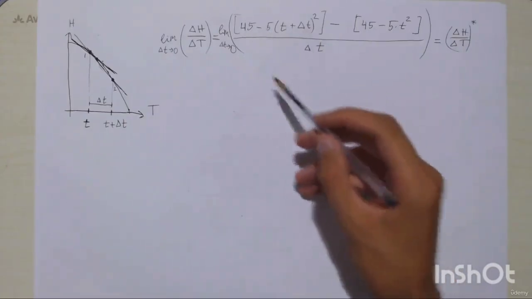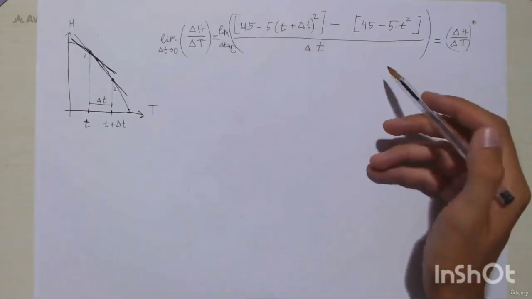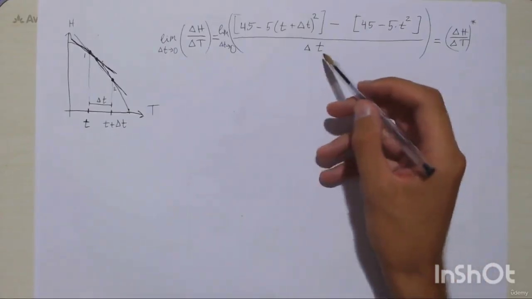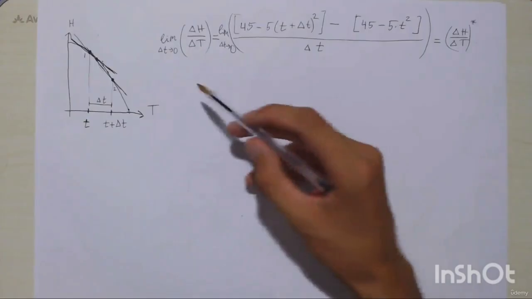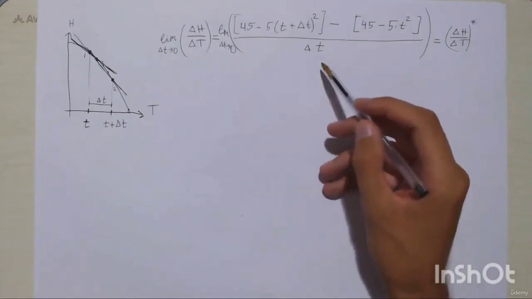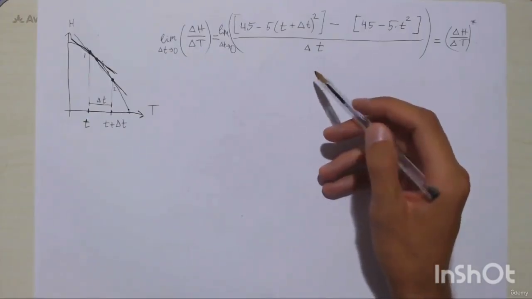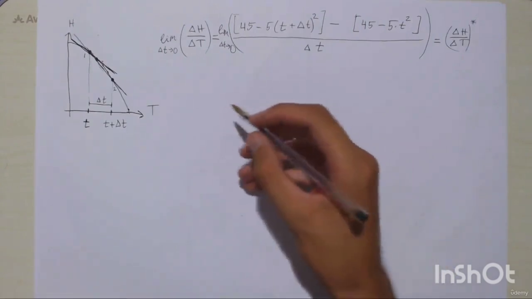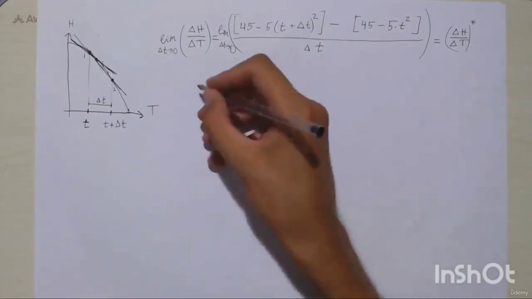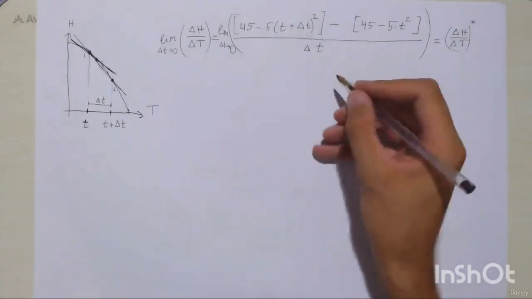We have to take this equation and algebraically manipulate it to get rid of the denominator, so that we could put delta t equals 0 inside this equation and we wouldn't be dividing by 0. So how would we do that? Well, let's just go through the mathematics together.